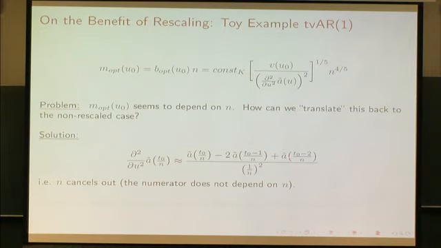Now, this basically is fixed. This is the curve in the rescaled and in the non-rescaled world. But then here you divide by 1 over n squared. And when you plug this in here, it means an n squared here, and you square the n squared again, means n to the 4, and the n to the 4/5 drops out. Luckily. Otherwise, basically, we could throw away this approach, right?